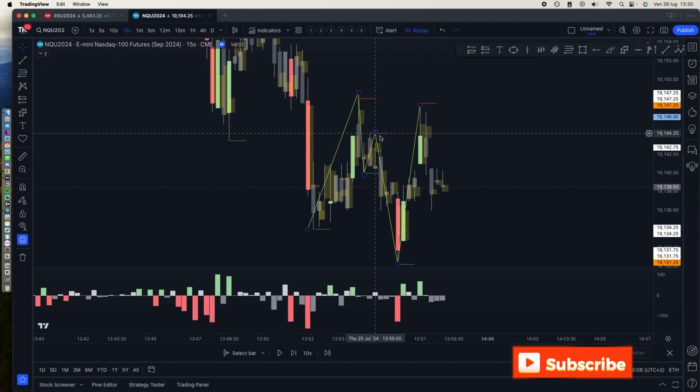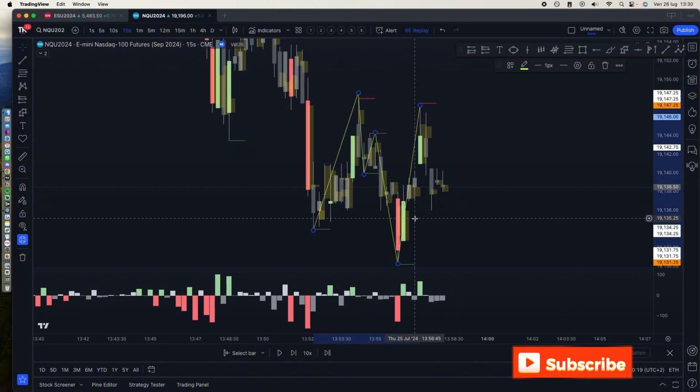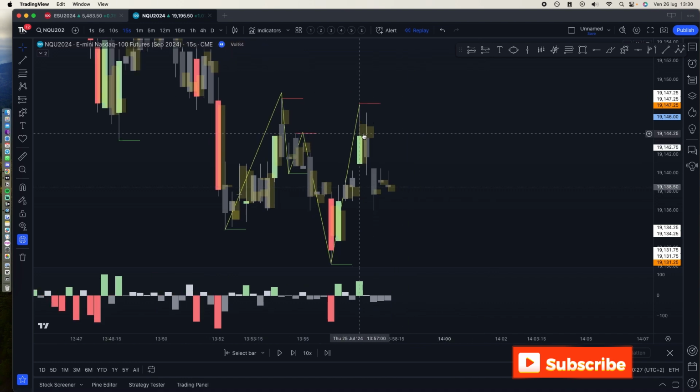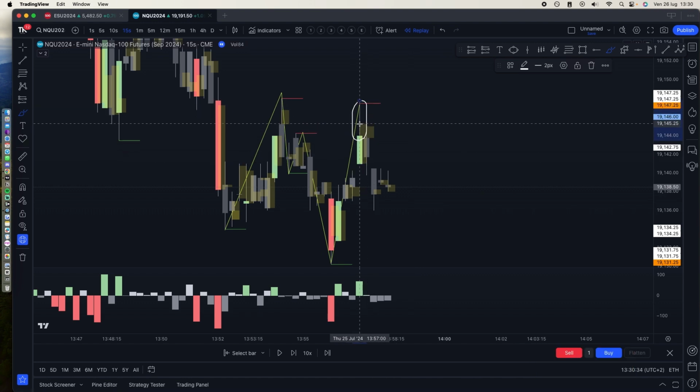Okay, yeah, it's true. We broke this valid high, and we swept this valid low. We have a green candle, yes, of course, but here we have this huge wick in which the yellow zone is inside the wick as well.